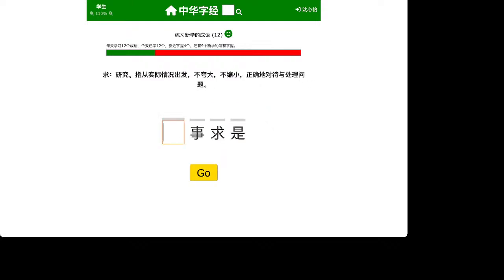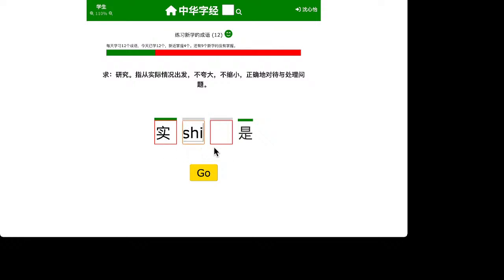填一个空格，seems like it'll take a while. 实事求是, this is this one I think. 实事求是. Crap.